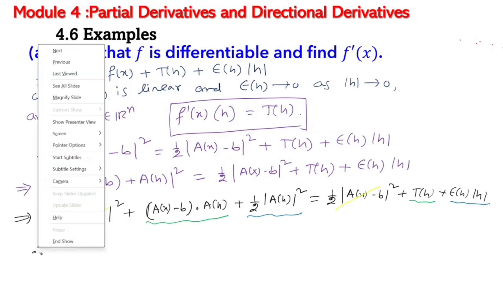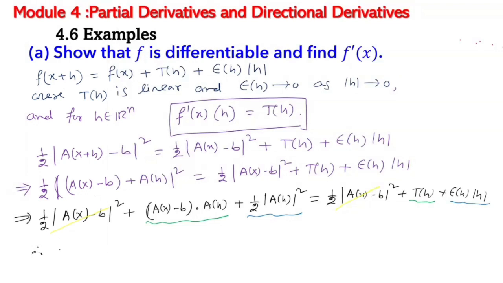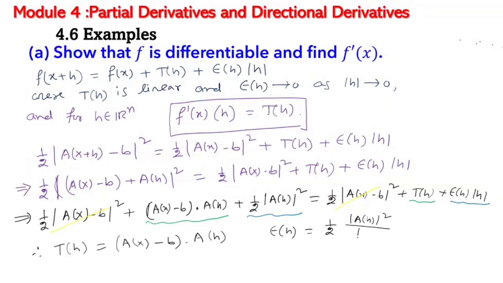So therefore we get th is equal to Ax minus b dot Ah, and epsilon h is equal to half of Ah whole square over the absolute value of h.